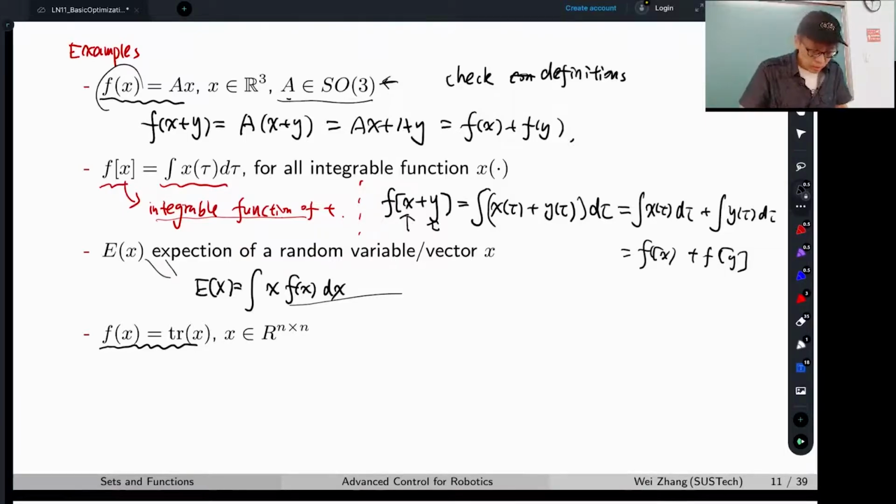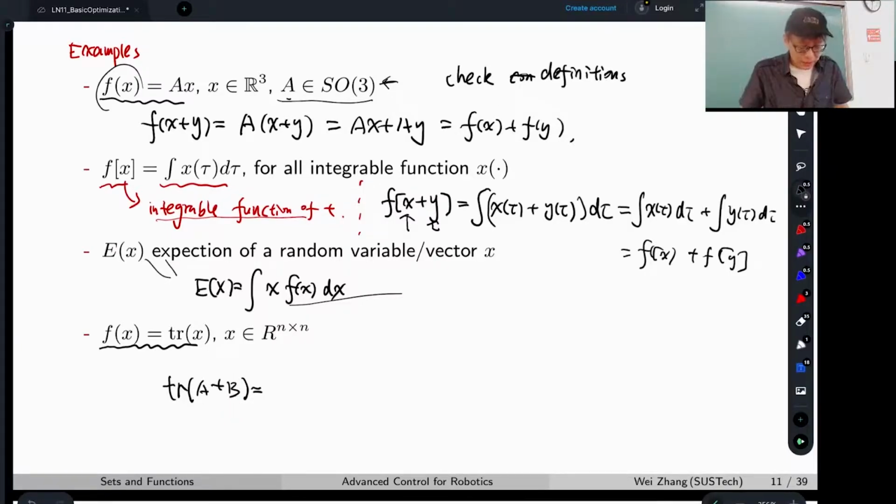Okay. Is this a linear function of x or not, Yinghan? Yes. Why? Because I trace the x plus y. Okay, it's a matrix, right? Let's use another variable if you guys are happy with another variable.